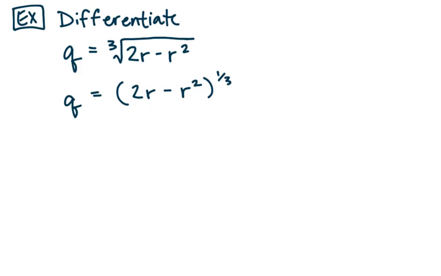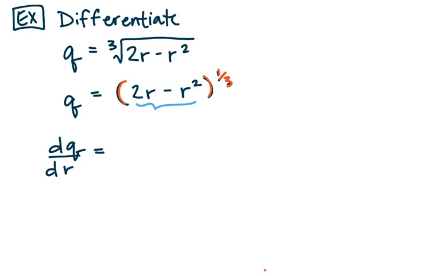So if I'm to take the derivative of q with respect to r, all right, we look at our variables to pay attention to our notation. So here I have an outside and then I have an inside.